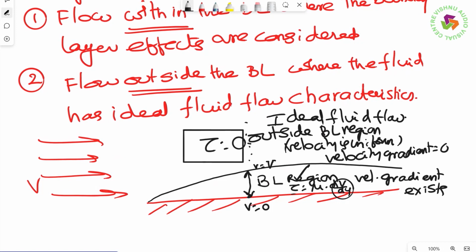Outside the boundary layer, dv by dy is equal to 0. Velocity is uniform, no velocity gradient, so automatically dv by dy is equal to 0. Therefore, shear stress is 0. Here, tau is equal to mu into dv by dy. These are the two things you should remember.